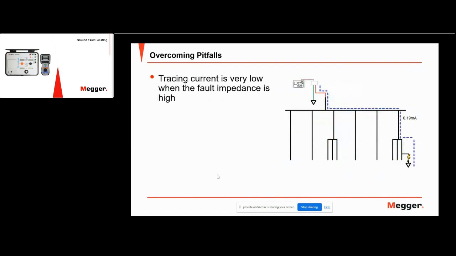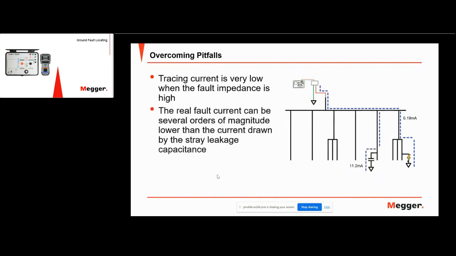So you could have a fault that's drawing microamps, and you could have stray capacitance that's drawing magnitudes higher than that. So when you try to trace the signal, it's going to be very difficult to identify which circuit has the real fault.